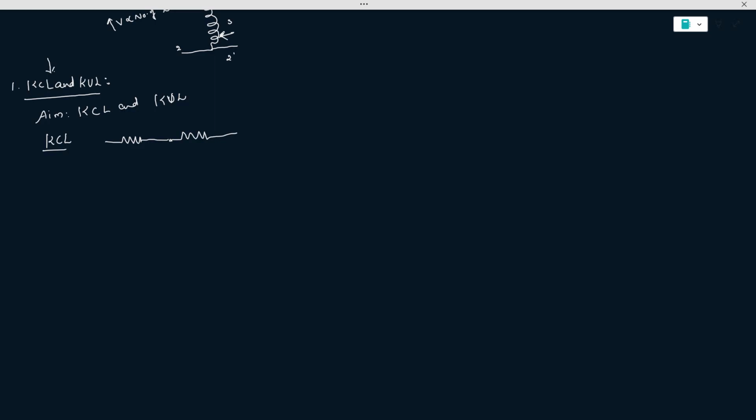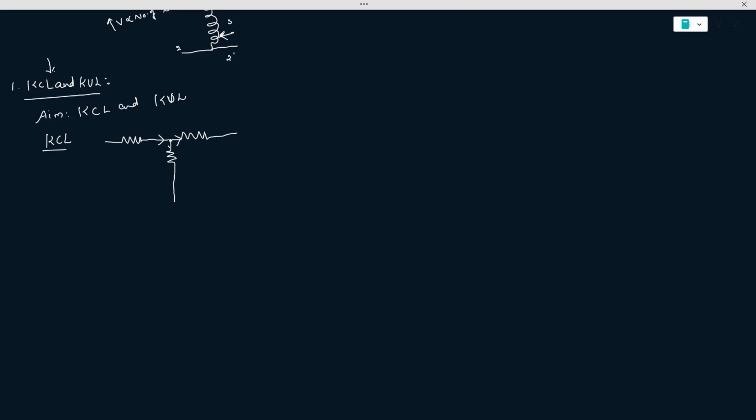To form a junction, two elements are enough. But if you see the incoming current and outgoing current, now it is the same. So it is not giving a clear picture. So I am making another element. Now this is a junction.